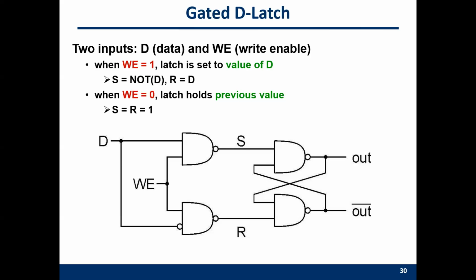However, if we set a 0 to W, the output just holds the previous value of D. So you can see that this part is actually the same, but we add a new component to control it. And this component can guarantee that there is no unstable state.